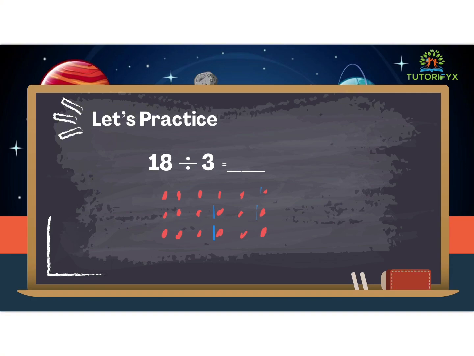Do not go further because then you'll get the wrong answer, and we don't want that. So that final step is to determine how many you place into each row or simply count your columns. Let's take a look. 1, 2, 3, 4, 5, 6. The answer is 6. Whoop, whoop, whoop, whoop.